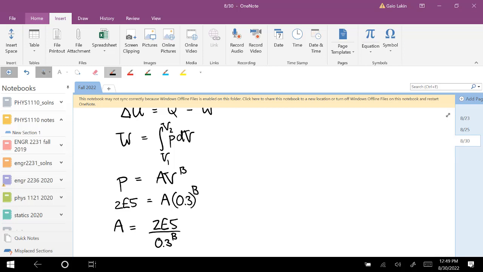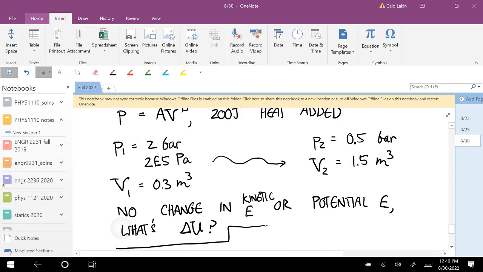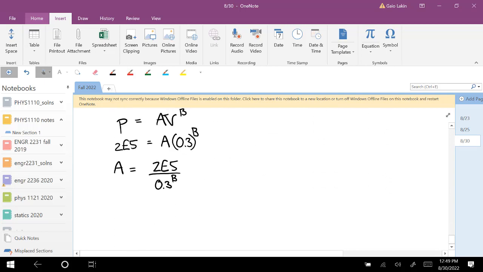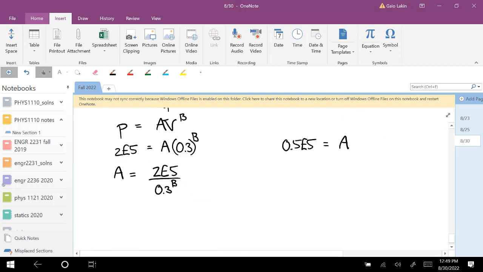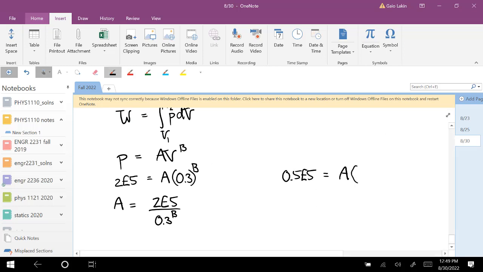And then we'll go to the other one at instant 2 that says 0.5 times 10 to the 5th is equal to A times the volume at instant 2, 1.5 to the B. And now we can substitute A in for this.